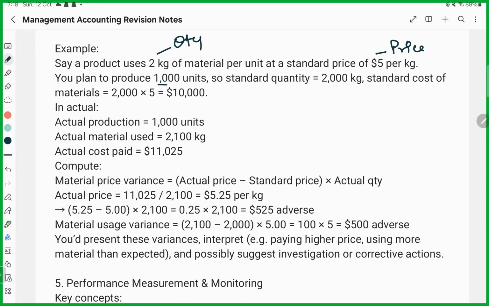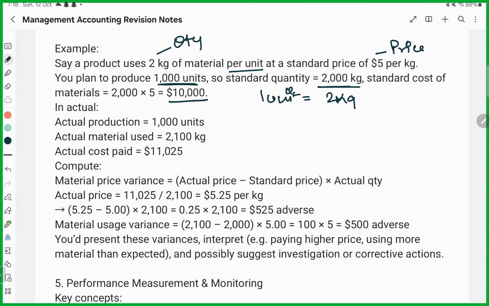I plan to produce 1,000 units. So the standard quantity would be 2,000 kgs, because one unit uses 2 kg. Now, to manufacture the 1,000 units, I would require 2,000 kgs. Standard cost would be 2,000 into 5, that is 10,000 rupees.